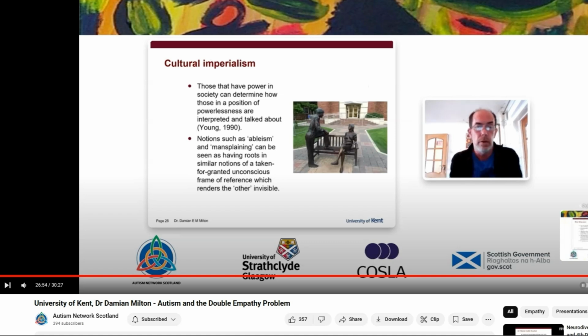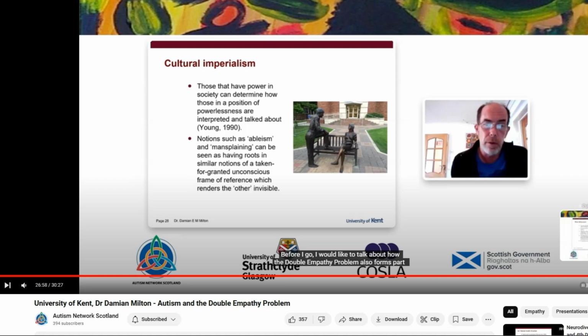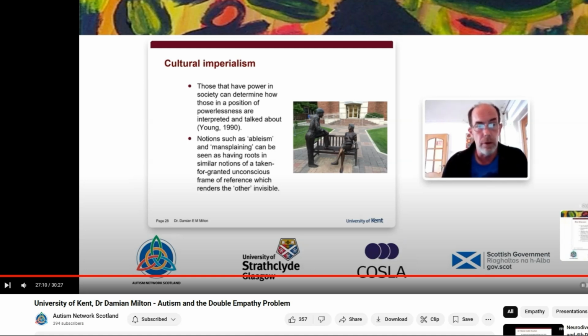And before I go, I'd like to talk about how the double empathy problem also forms part of a wider power relationship for those who have the power to define themselves and to define others.